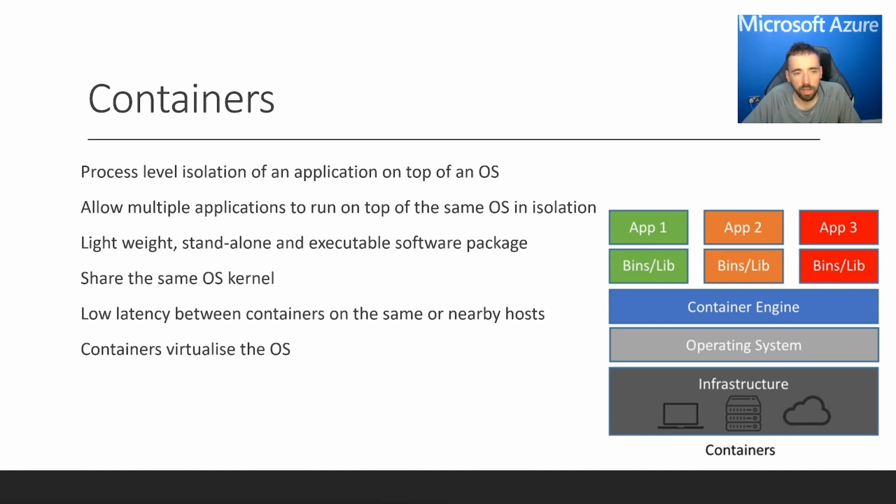Now, as we look at containers and we look at this diagram here, we've got the infrastructure, operating system, that could be a virtual machine operating system, a container engine, which is an application installed on top of the operating system and is used to manage the containers. An example would be the Docker engine if you're using Docker, which is the most common containerization technology.